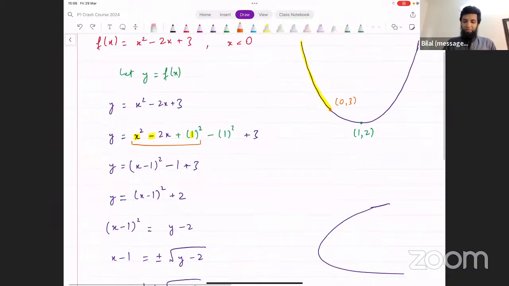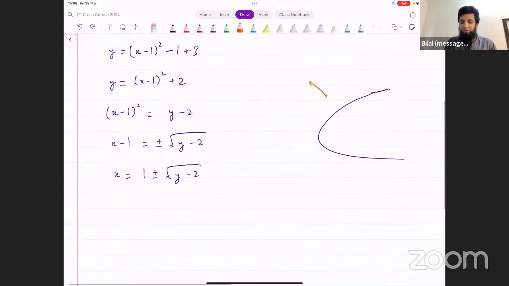So just like we have only some part of this original function valid, we are only going to have some part of this inverse valid, which means only one of these plus or minus signs is going to be considered valid in this case.